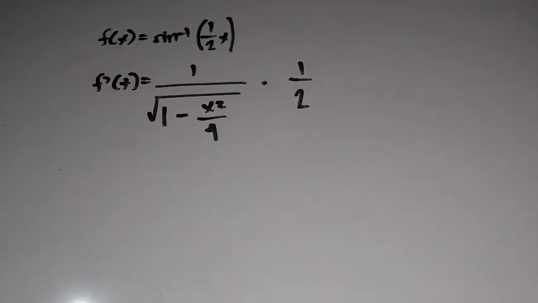Now we have f prime of x is equal to 1 over square root of 1 minus x squared over 4, multiplied by 1/2. Before multiplying by 1/2, we should simplify the denominator first.